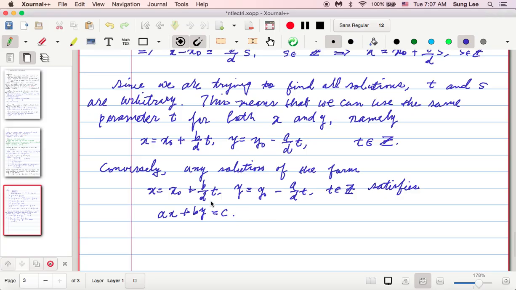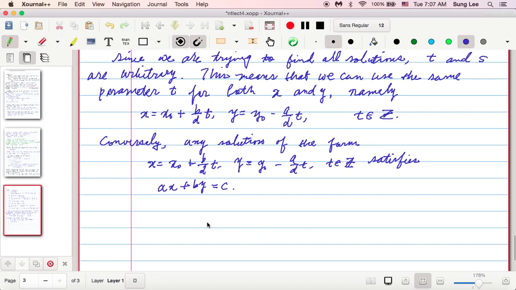This way, this is the only type of solution that satisfies this equation, and therefore these are all the solutions of this equation. So this part also has to be included to complete the proof.